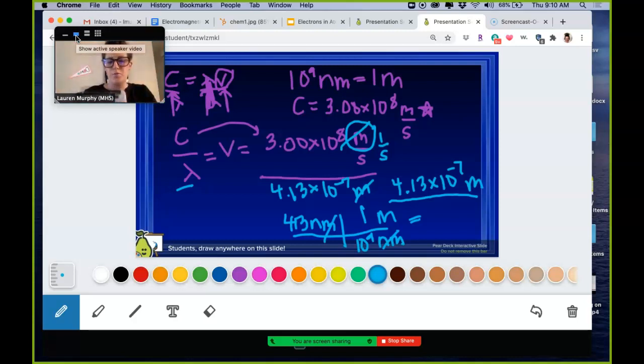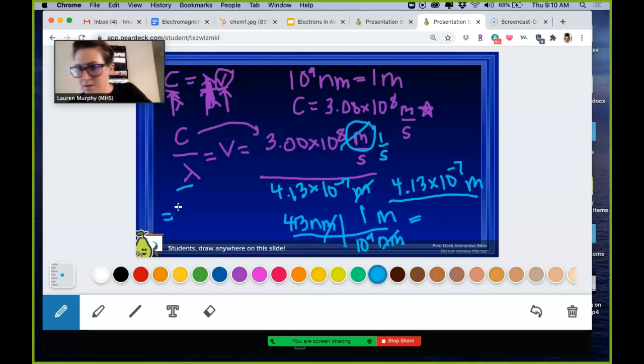And then I hit 4.13, and then you use that EE button again, or EXP button. And then you hit -7. And your answer should come out to be 7.26 times 10 to the 14th.